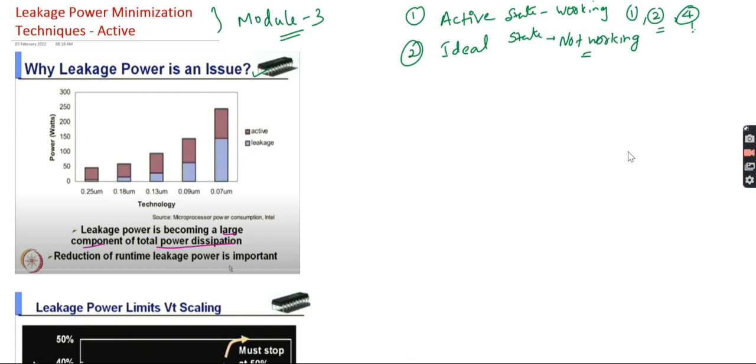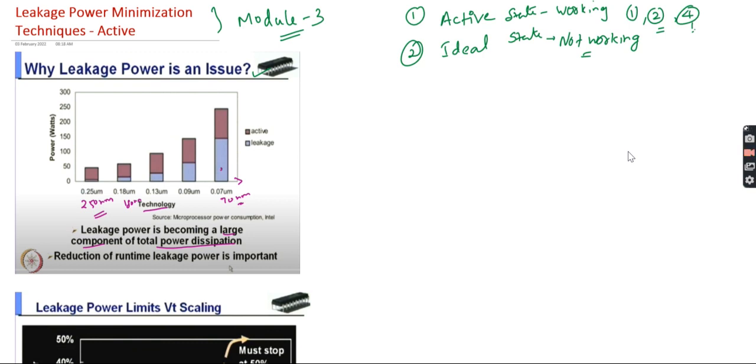You can see in this figure the x-axis shows the technology. We have various technologies, because we are talking about deep submicron technologies: 250 nanometer, 180 nanometer, 130 nanometer, 90 nanometer, 70 nanometer. The y-axis shows the power in watts. When you are working on 250 nanometer technology, you can see the leakage.